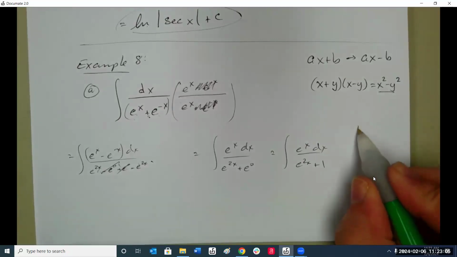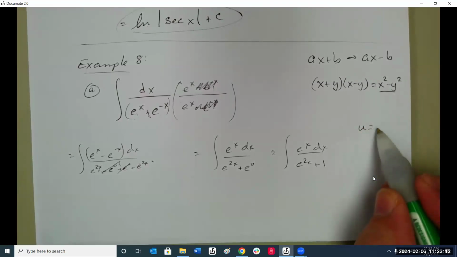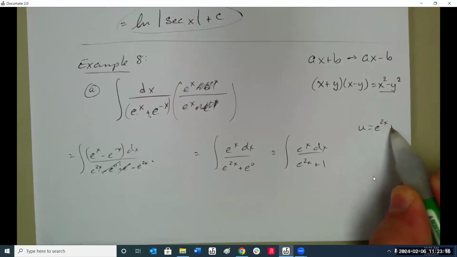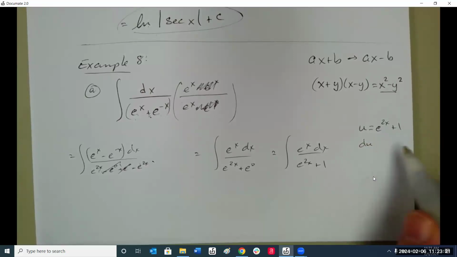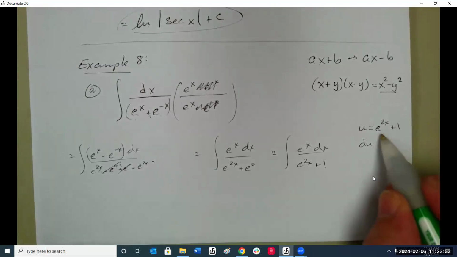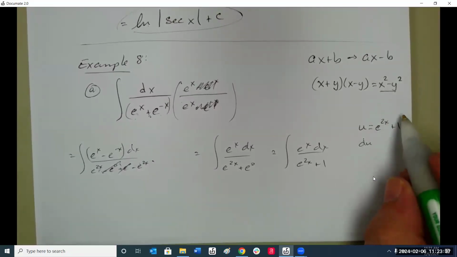So if we say our u is what we have at the bottom, e^(2x) plus 1, then du, no, we can't do that because when we take the derivative of e^(2x), we still have e^(2x), so we can't do that.